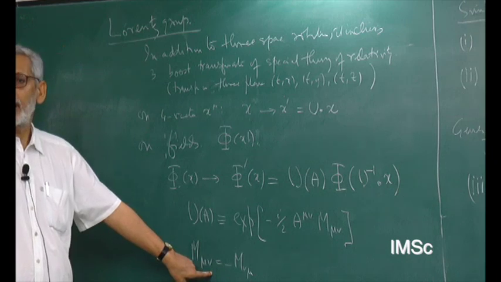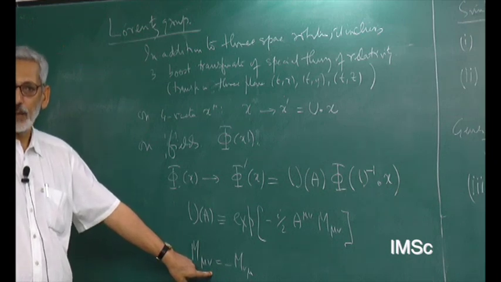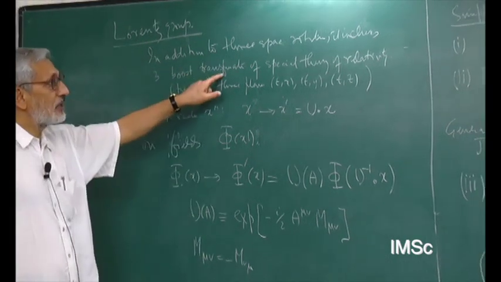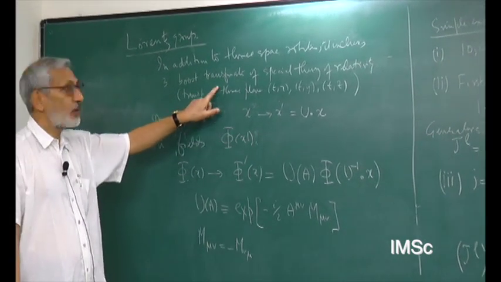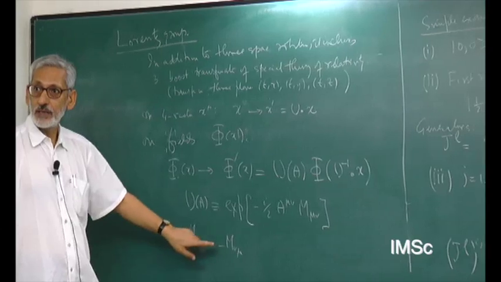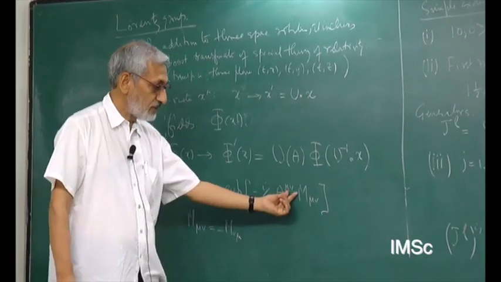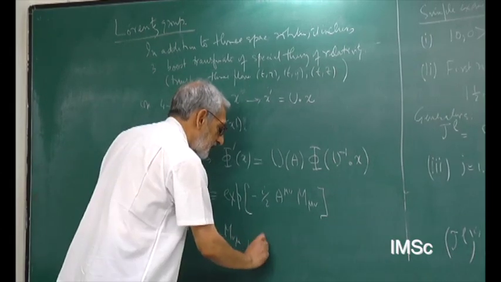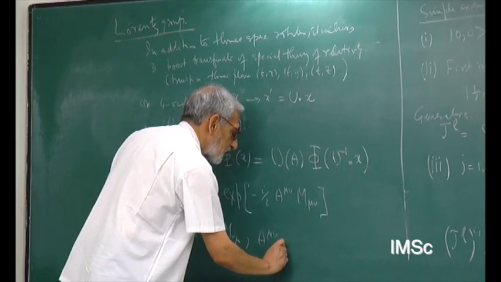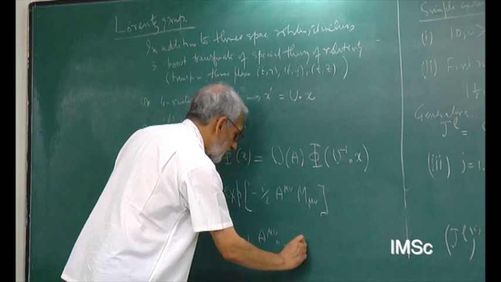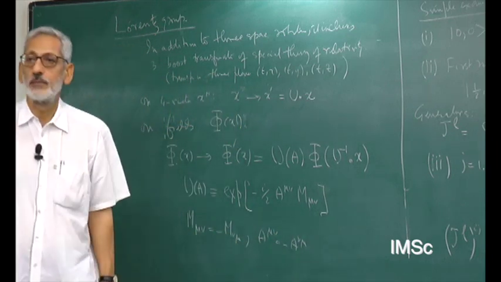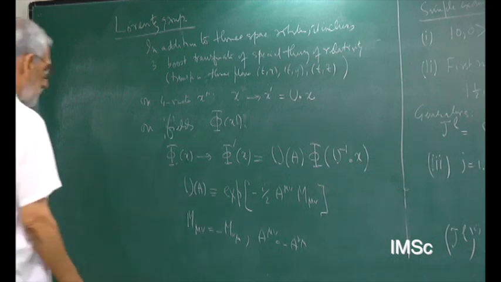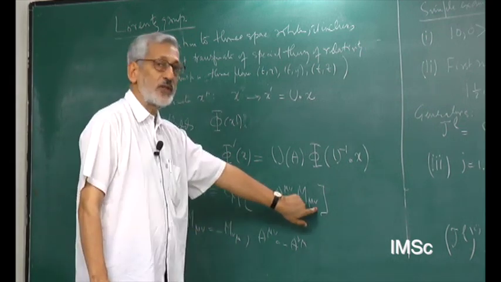A 4 cross 4 antisymmetric matrix has 6 independent components. So there are 6 generators here, 3 corresponding to rotations and 3 corresponding to 3 boosts. Theta mu nu are the parameters of transformations, and theta mu nu is also a 4 cross 4 antisymmetric matrix. So you have 6 transformation parameters and 6 generators.